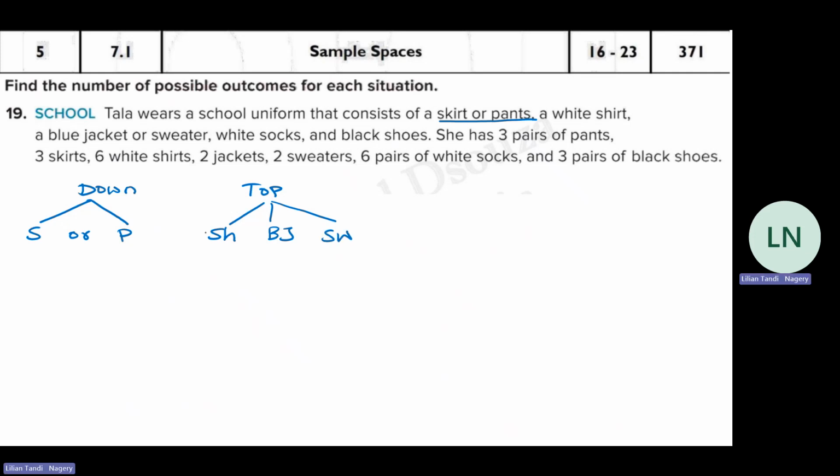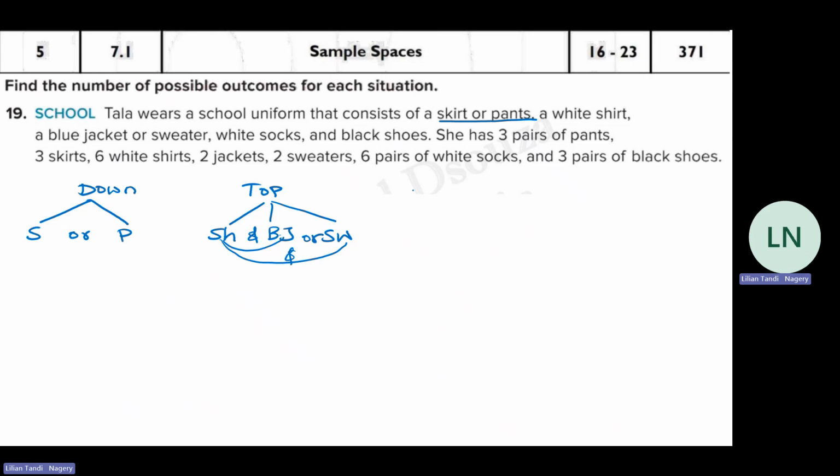So shirt is a must, but blue jacket and sweater is or. So it is shirt with blue jacket or shirt with sweater. Okay? Shirt and blue jacket, shirt and sweater. Those are the only combinations you can wear at the top.